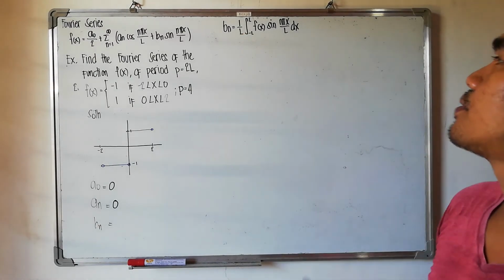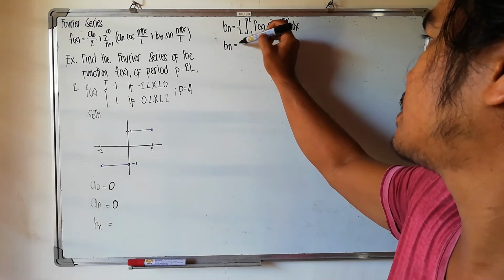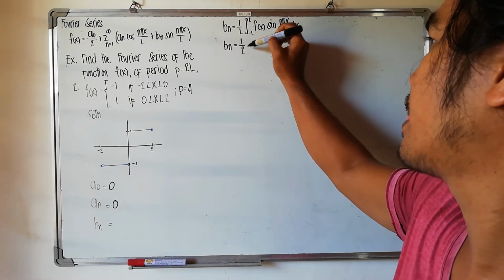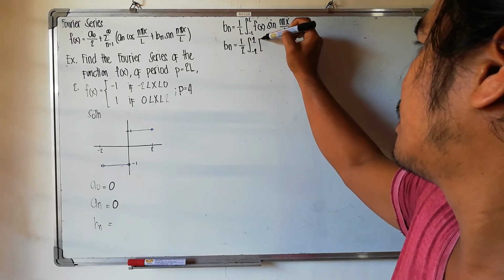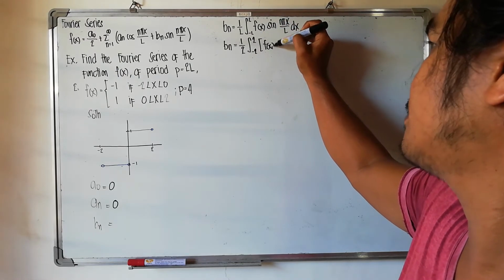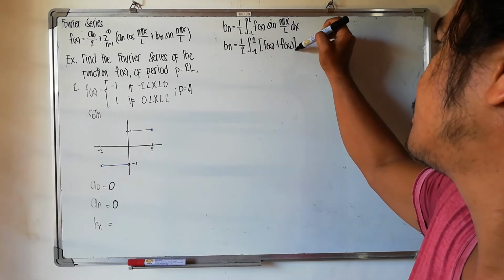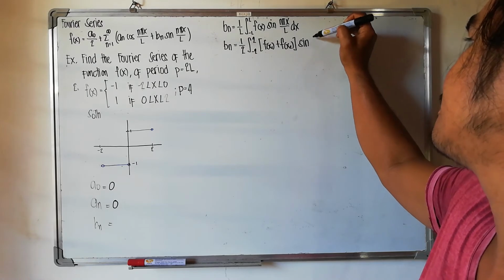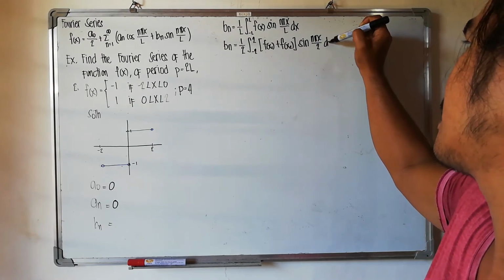Then we have L is equal to 2, so substitute. We have b sub n is equal to 1 over 2, integral of negative 2 to 2. You have your f of x sub 1 plus f of x sub 2. Then you have sine n pi x over 2 dx.